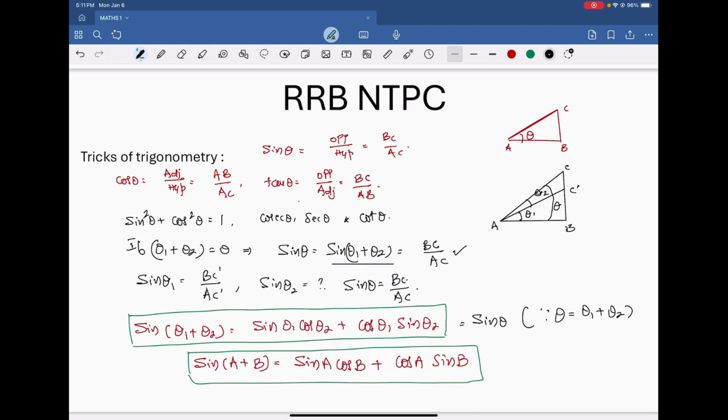Sin theta is equal to sin theta 1 cos theta 2 plus cos theta 1 sin theta 2. Sin theta is known. Sin theta 1 is known. From sin theta 1, cos theta 1 can be found out. It's square root of 1 minus sin square theta 1.